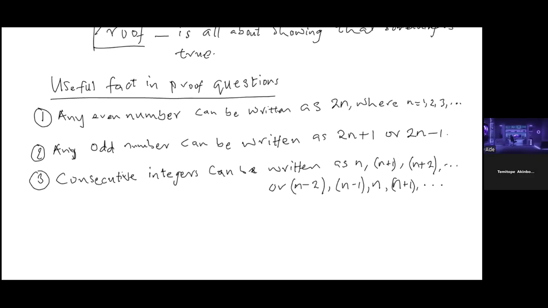Then the next one will be 0, the next one will be 1, the next one will be 2. Is that clear? So when you see numbers in this arrangement, this is a generalized way of expressing consecutive numbers or integers.